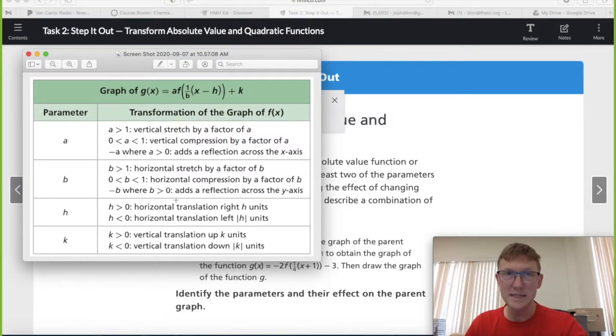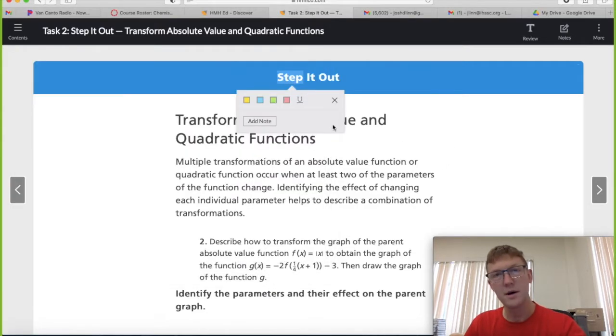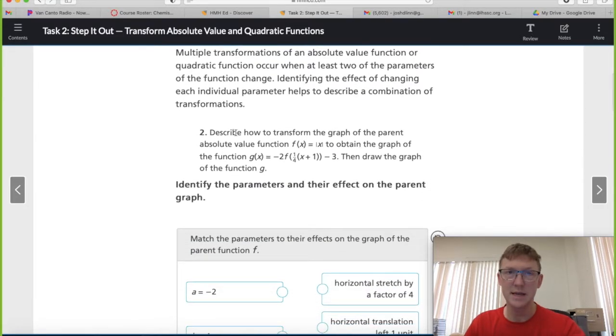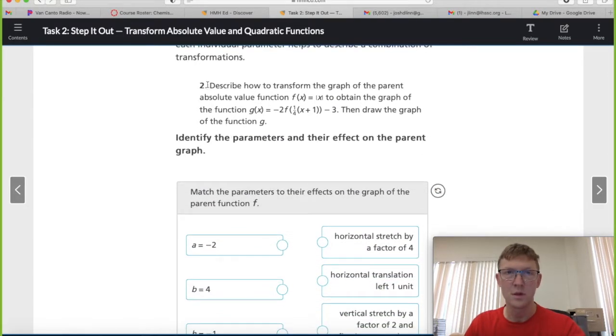So all of this is still going to hold even when f of x is an absolute value or the quadratic function. So let's see how we do. Describe how to transform the graph of a parent absolute value function, f of x equals the absolute value of x, to obtain the graph of the function, all of this. Then draw the graph of the function.